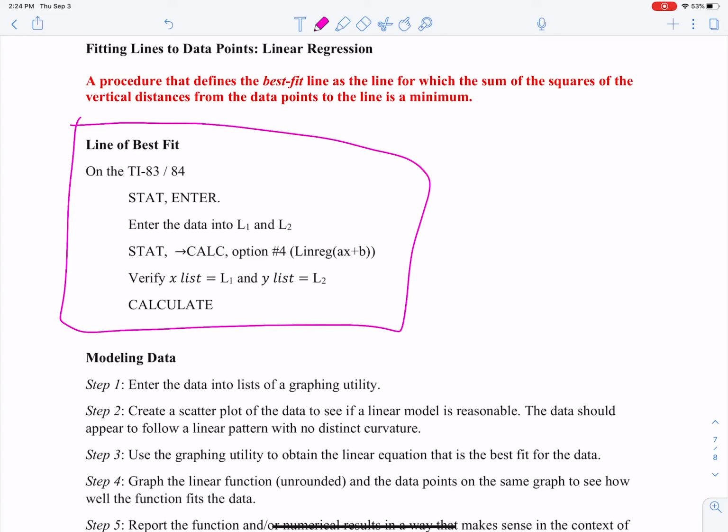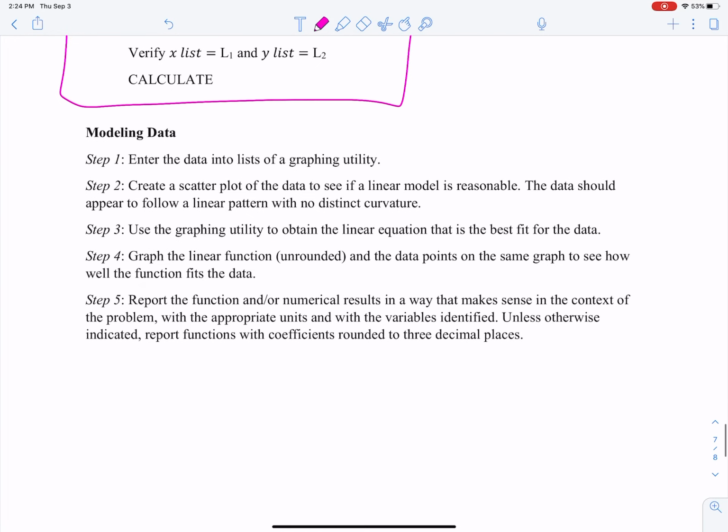You're going to put the first set of data in L1, second set of data in L2. Then you're going to hit that stat button again. Then on the screen, you'll arrow right to calc and select option number 4 where it says linreg AX plus B. All right, just verify that X list says L1 and Y list says L2, and hit calculate, and you should see the graph.